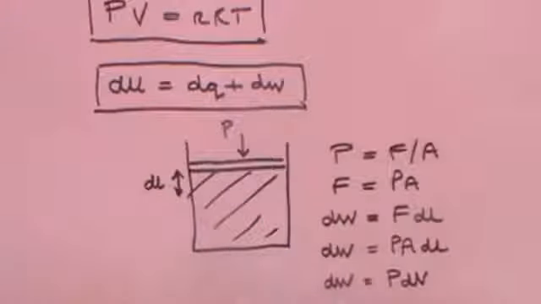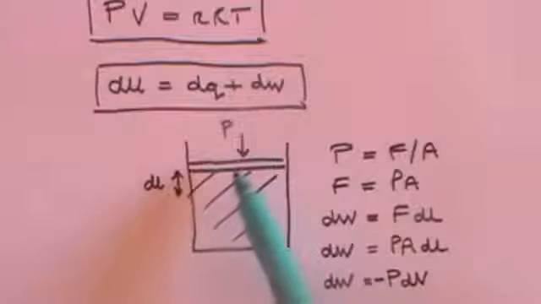Now we need to make one small change to this formula, and that is to introduce a minus sign here. And the reason for that is that as the work increases, so the volume decreases. Right? As you do more work, you push down, the volume decreases.